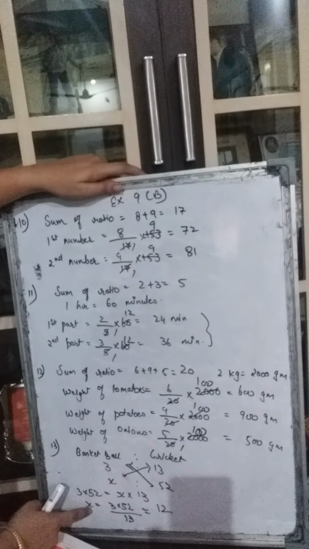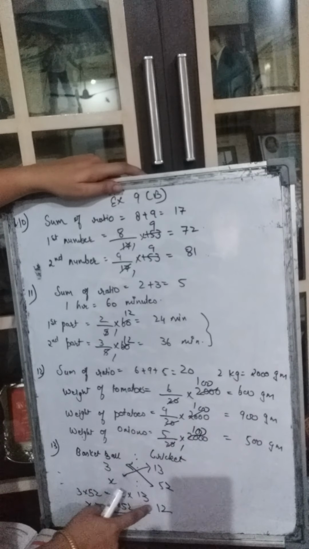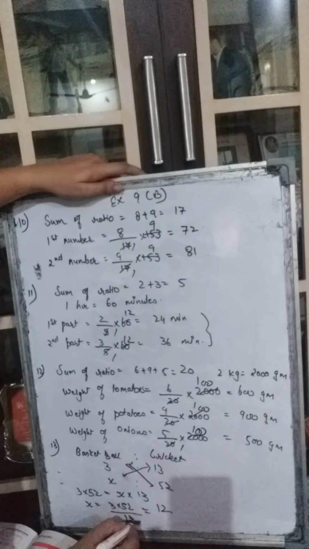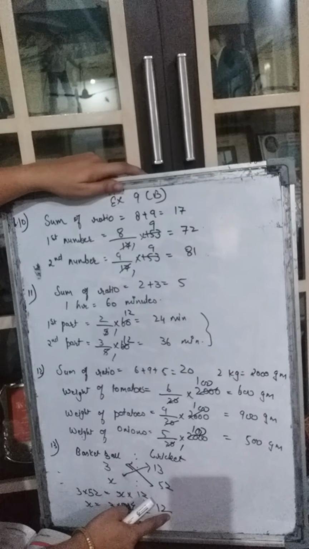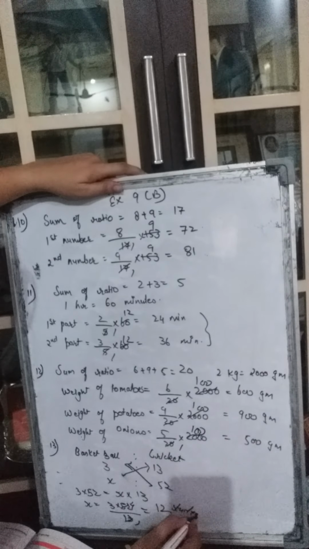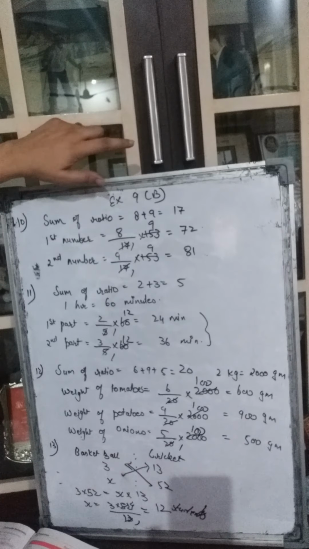Right? So what is the value of x? It is 3 into 52, and this 13 was getting multiplied, it will get divided. So 13 ones are and 13 fours are. So 4 into 3 gives you 12 students. So 12 students have been enrolled for basketball. I hope this is clear.